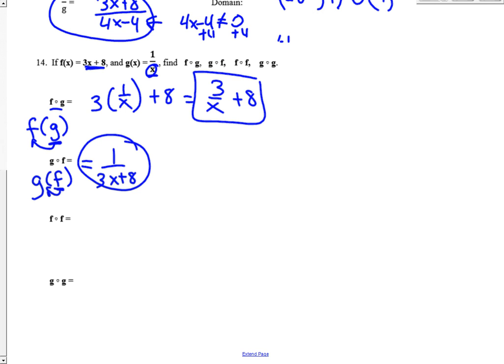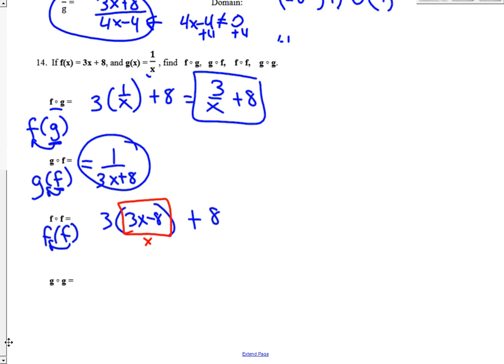For f of f, we're going to take the function of f and plug it into itself. So the function of f is 3x minus 8. So instead of the x, we're going to put in 3x minus 8 plus 8. So if you look at this, we have this 3x minus 8 in place of the x, where we had originally 3x plus 8.